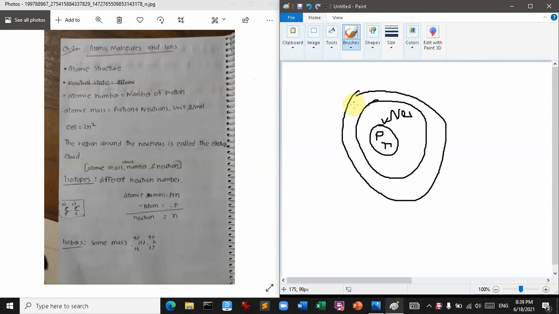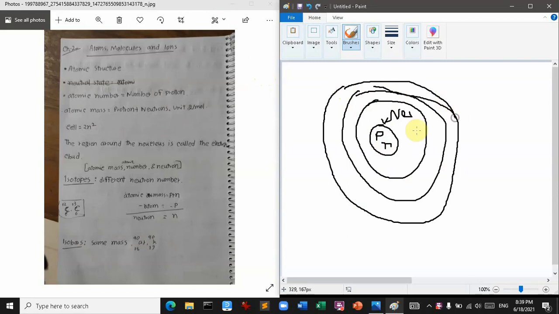Some atoms might have three shells, some might have four, according to the atom size or electron size. Those shells increase or decrease in number. In the shells, there are electrons. The electrons live inside those shells.